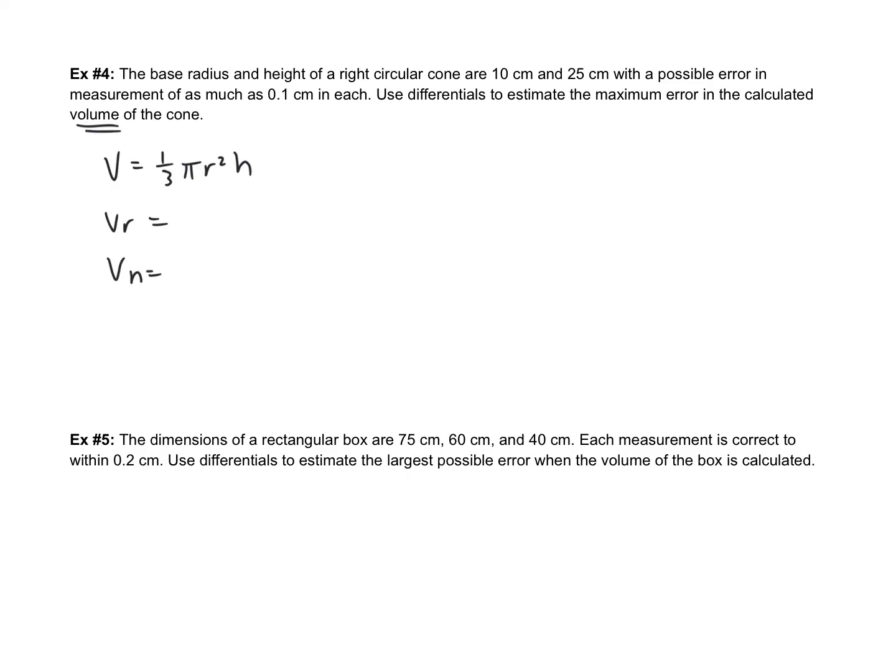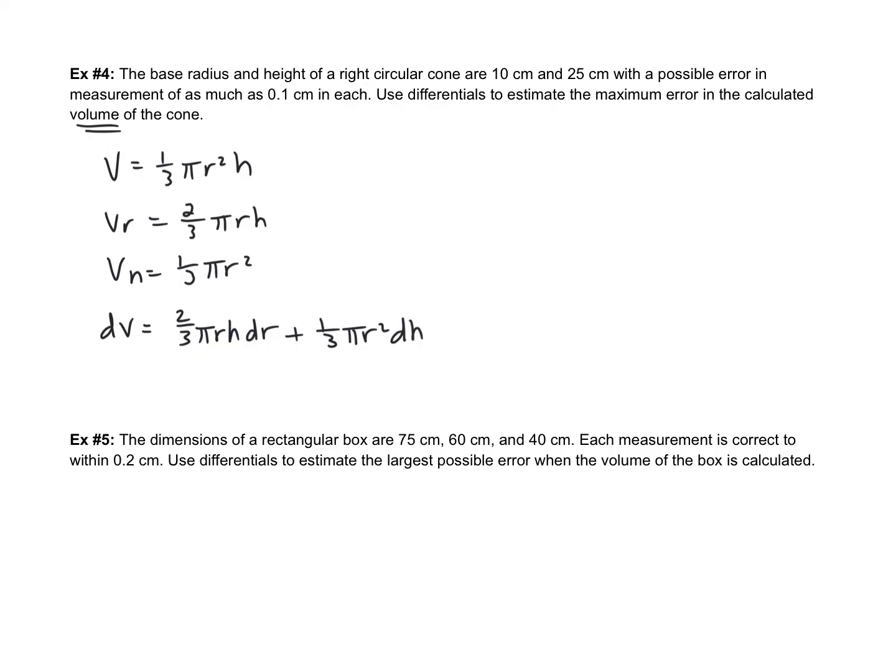So the partial with respect to r is going to be 2/3 pi rh. Our partial with respect to h is going to be 1/3 pi r squared. So then our total differential is going to be 2/3 pi rh dr, add 1/3 pi r squared dh.